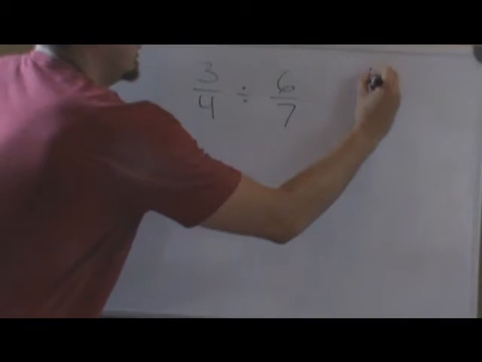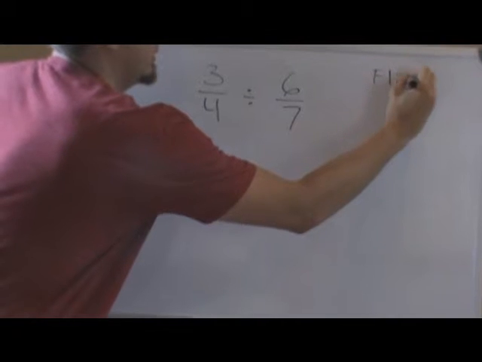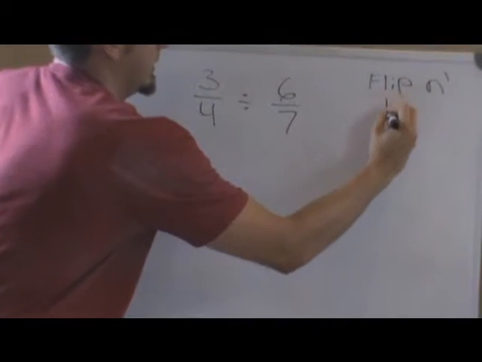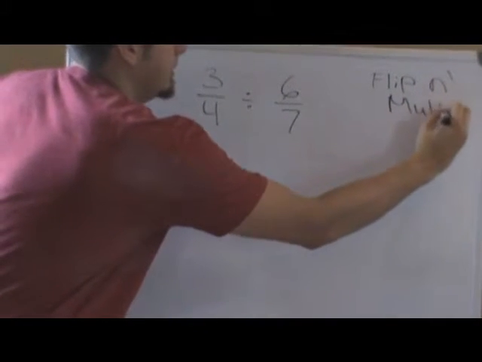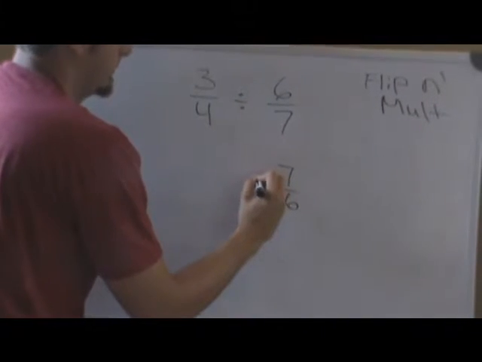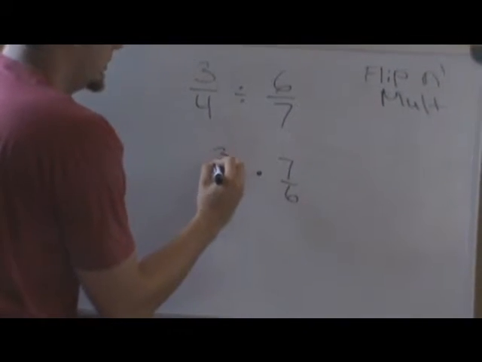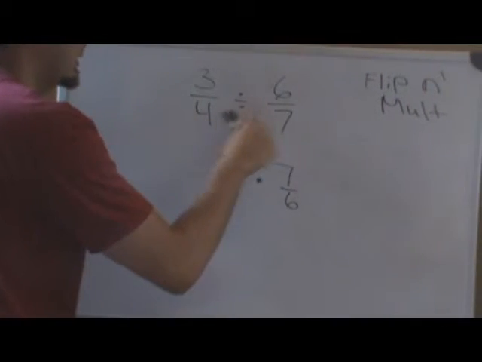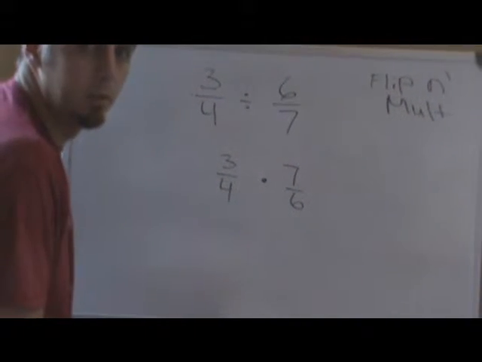It's called flip and multiply. You flip the number on the right, you change division to multiplication, and this will get you the same answer as the original problem up here.